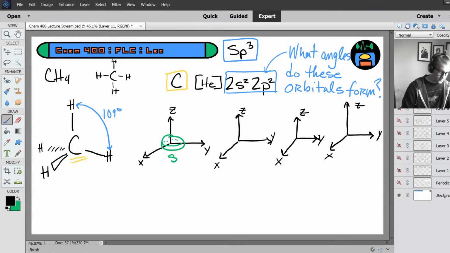All right, for the p subshell, there's pz. You'll remember half of it is shaded. Here's pz. There's py.